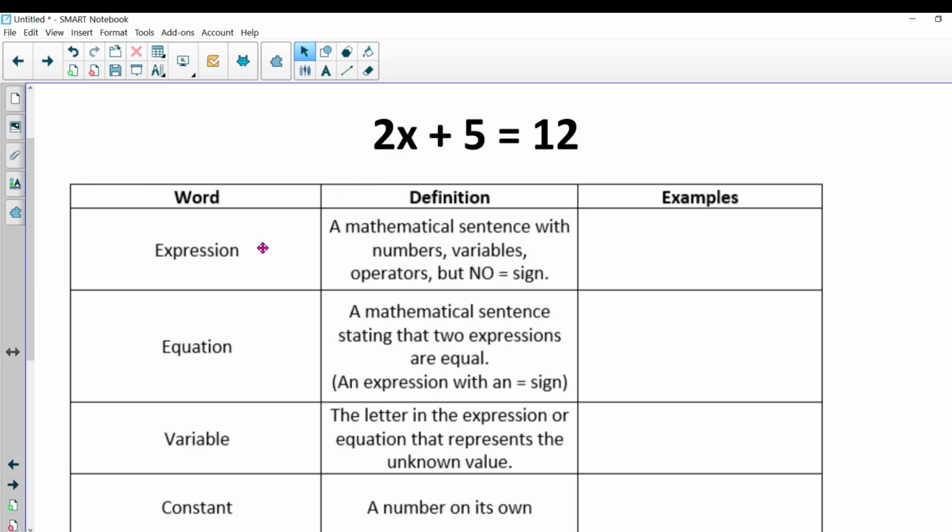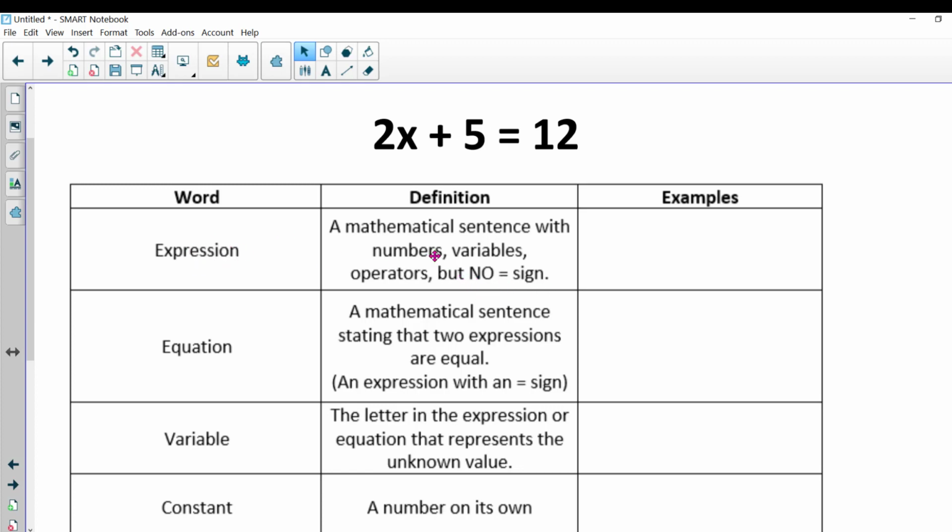Let's look at our first word, an expression, and an expression versus an equation. An expression, as it says, is a mathematical sentence with numbers, variables, and operators, and operators, by the way, are like the plus sign, minus sign, multiplication, division, and so forth. So an expression has all of these things, but no equal sign.